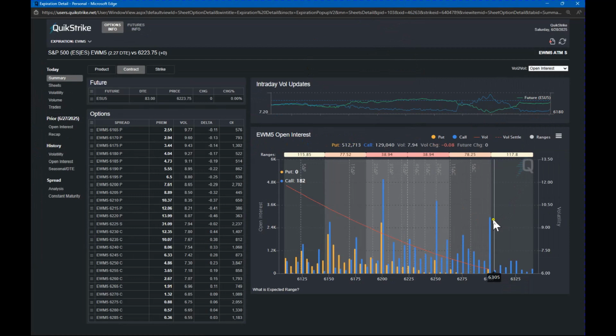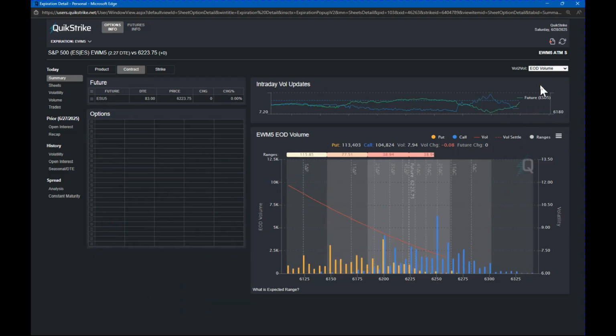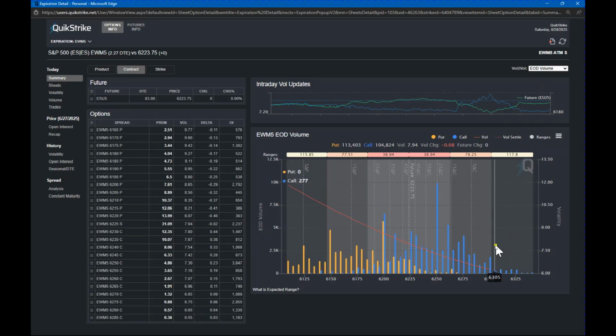Yeah, there's some, but there's no end of day volume. There actually isn't money. It's like having a limit order sitting out there. 6250 is the high call.